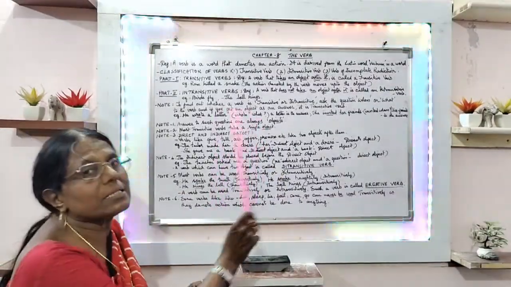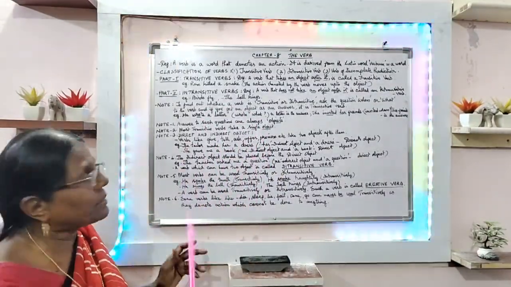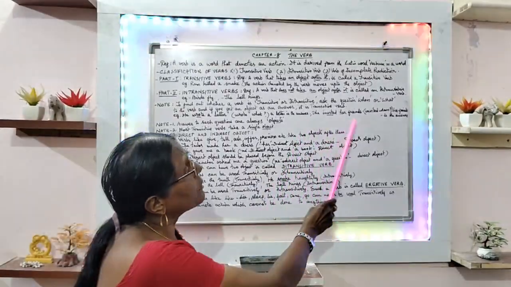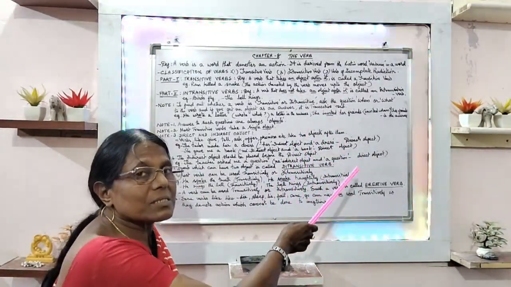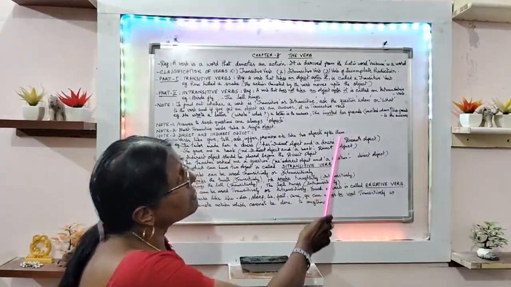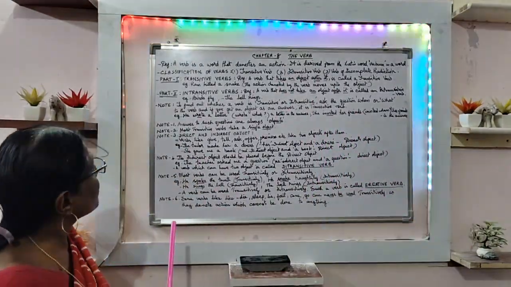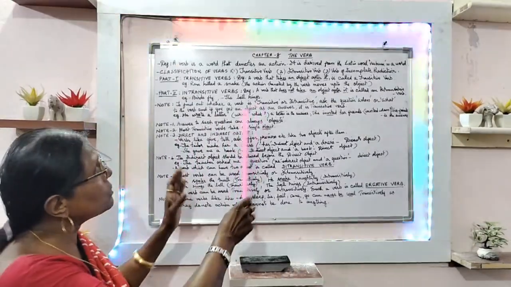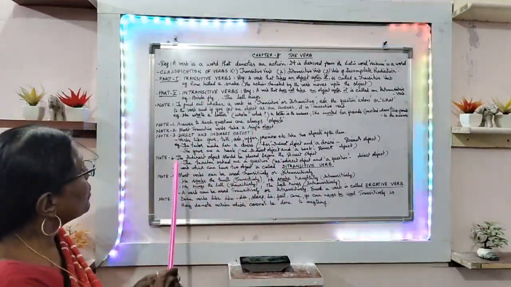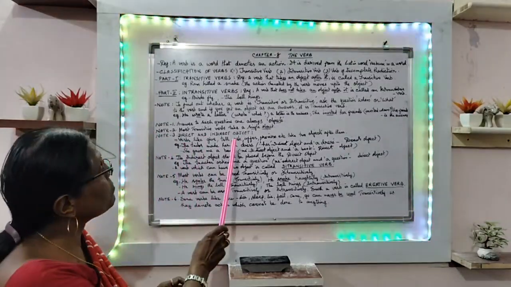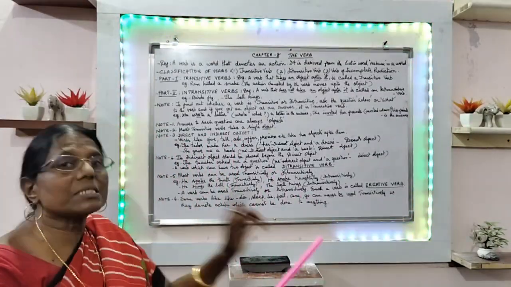So the letter is the answer. That is the object. She invited her friends. Invited whom? Her friends. So her friends is the answer. So the answer to such questions is always called the object. And most of the transitive verbs take a single object.